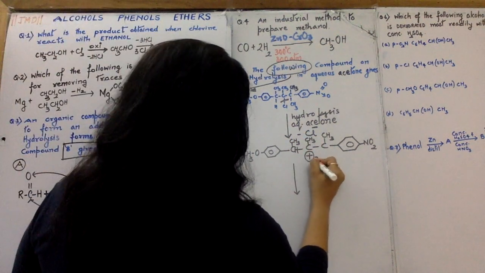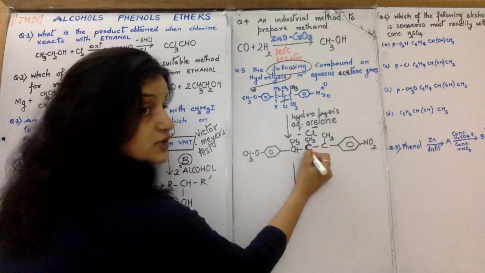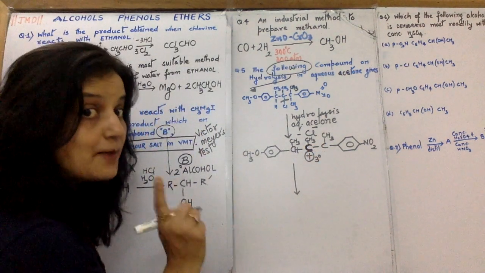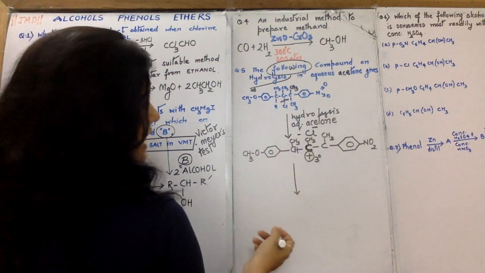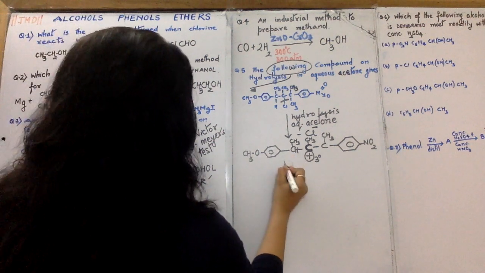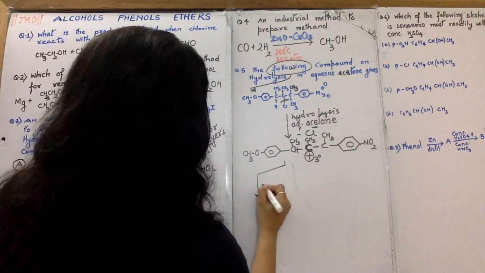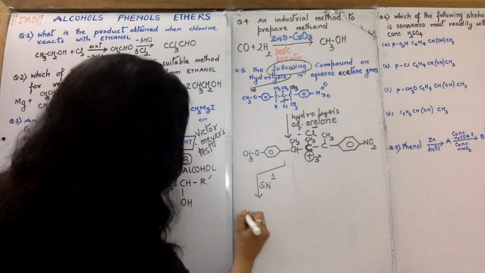Now, this is a 3-degree carbocation. This is a 3-degree carbon. Correct? So we can get the product. This can directly give me product via SN1 because for 3-degree, SN1 happens in hydrolysis.